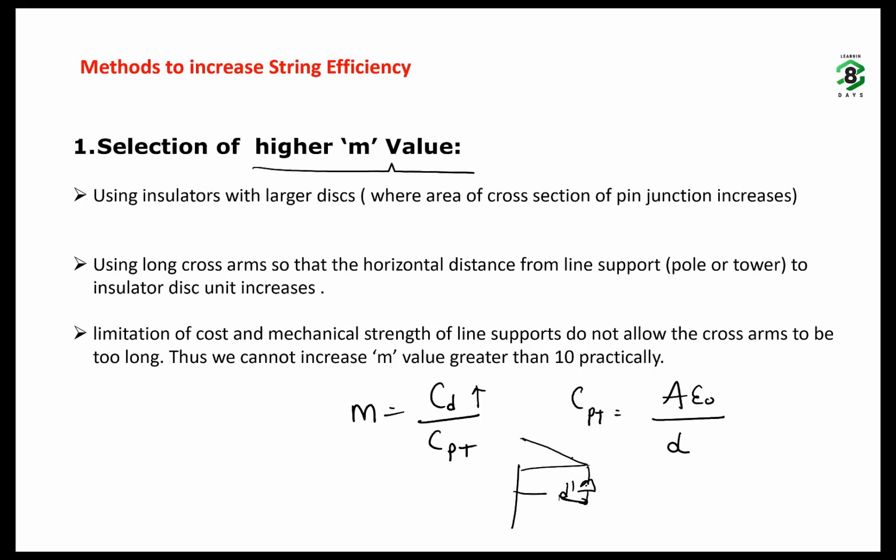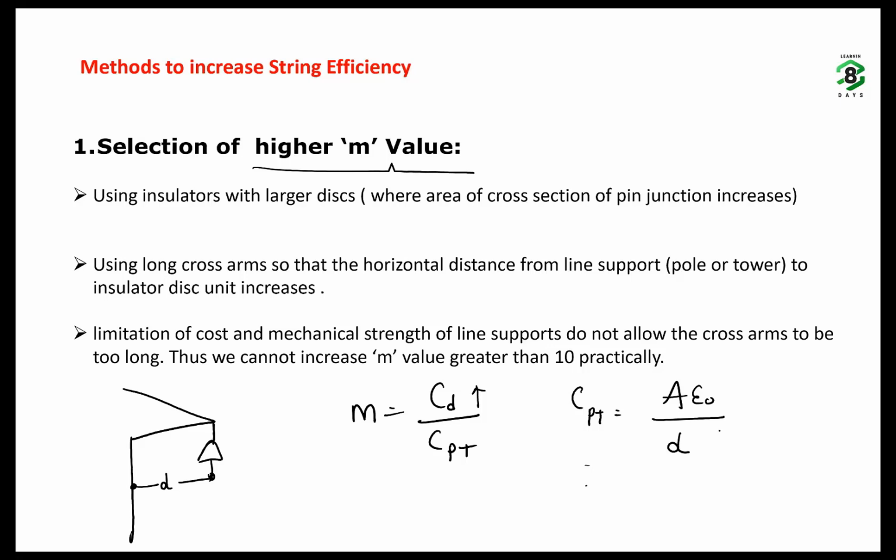So if we use a longer cross arm, this D value can be increased. Again, I am writing for your convenience. This is the cross arm, this is the tower body, let us say. This distance is D. If I use a longer cross arm, this D value will increase.